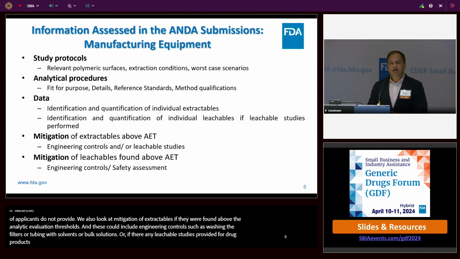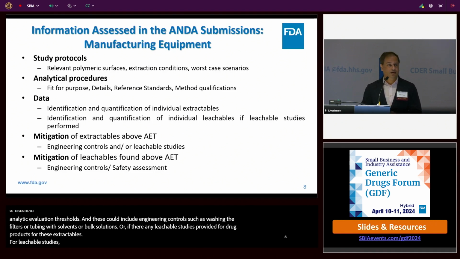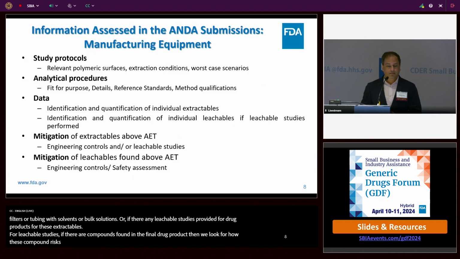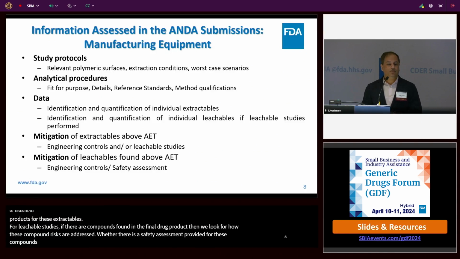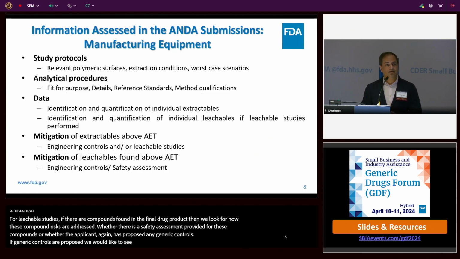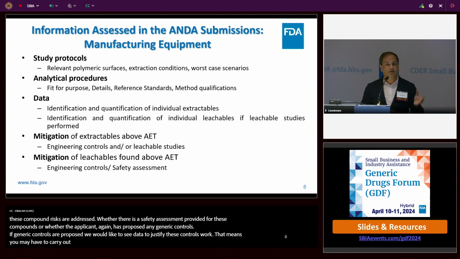For the leachable studies, if there are any compounds found above the AET in the final drug product, then we look for how the risk of these compounds is addressed, whether there is a safety assessment provided for these compounds, or whether the applicant has proposed any engineering controls. If engineering controls are proposed, we would like to see data to justify that these controls have worked. That means you may have to carry out leachable studies after the controls have been implemented.